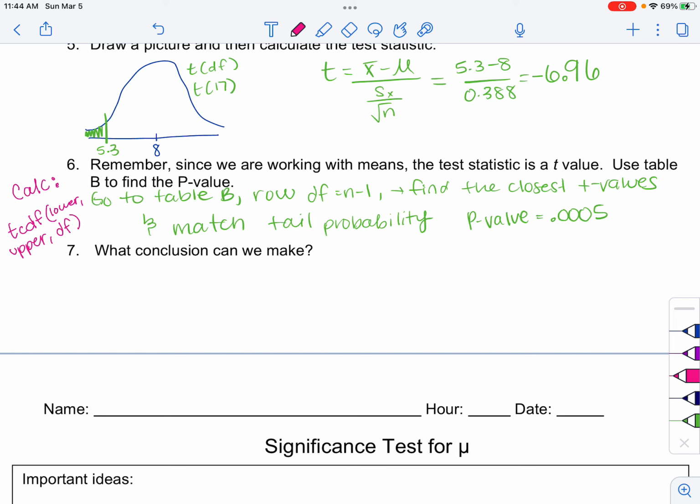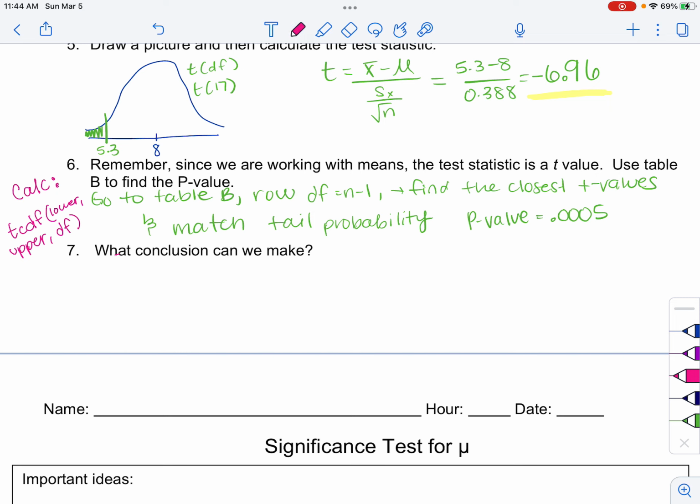For us, the lower value, well, we know that we are below, and my t-score is negative, so I'm going to put a really small number, negative 999,999, comma. My upper is going to be my t-score, so negative 6.96, comma, and then the degrees of freedom is 17. Close parentheses and hit enter.